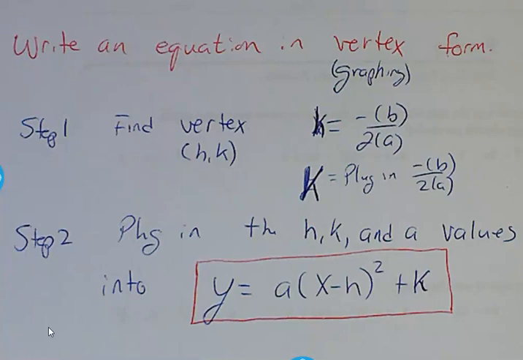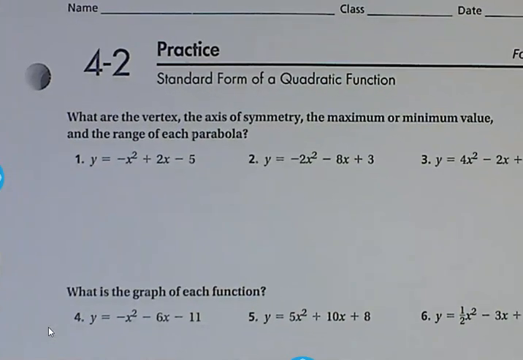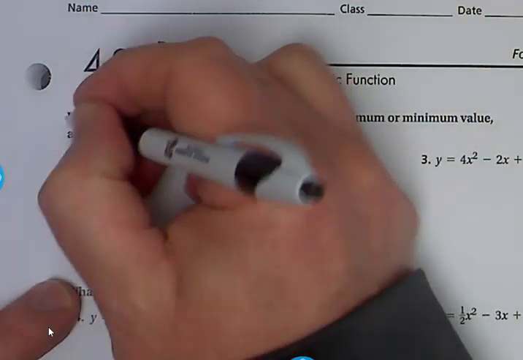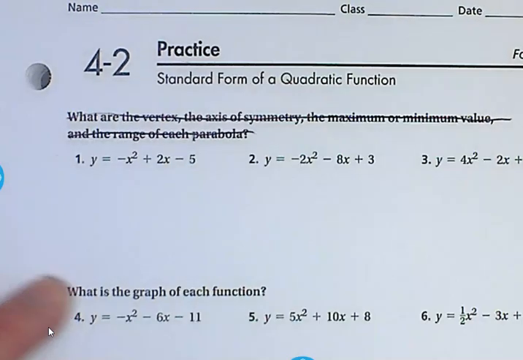Okay, so on the back side of that sheet, and again, it's going to ask us to do all this other stuff that's here, but if you want to, you can just scratch that out.